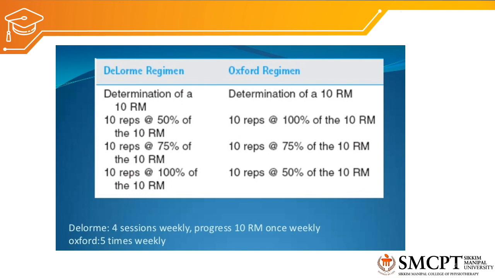So in the first set, we will be using only 50% of that 10 repetition maximum, that would be 10 kg. In the second set, we would be using only 75%, that would be 15 kg. And in the third set, we would be using 100% of the 10 repetition maximum, that would be 20 kg.